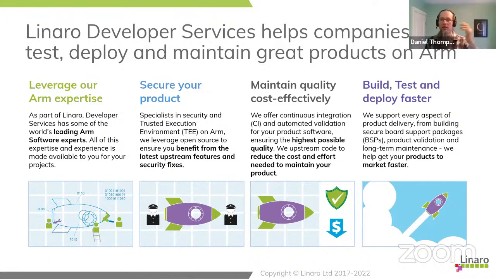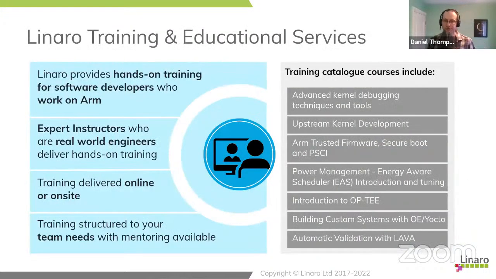But we do provide services that companies can use to target their specific priorities. So whether that's forward enablement, looking at some of the security features, it's turning features on ultimately is what we particularly excel at. So if it's a gap that you have in any of your projects, then do bear in mind that Linaro isn't just a place to develop the shared technologies. We can help you enable them as well.